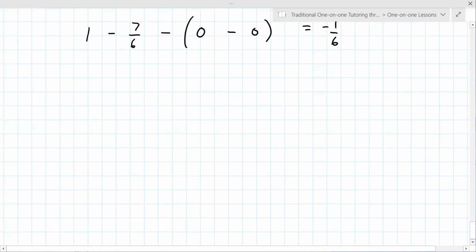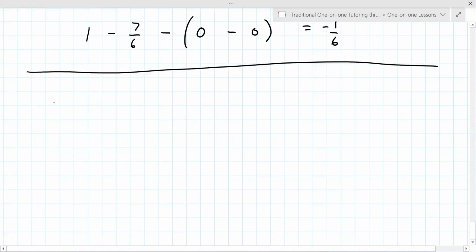Okay, so let's do one that's a little bit different. Let's not even worry about the limits here. Let's say it's the integral of 3x minus 1/2 x squared plus 5x cubed minus 10x to the 4th dx.